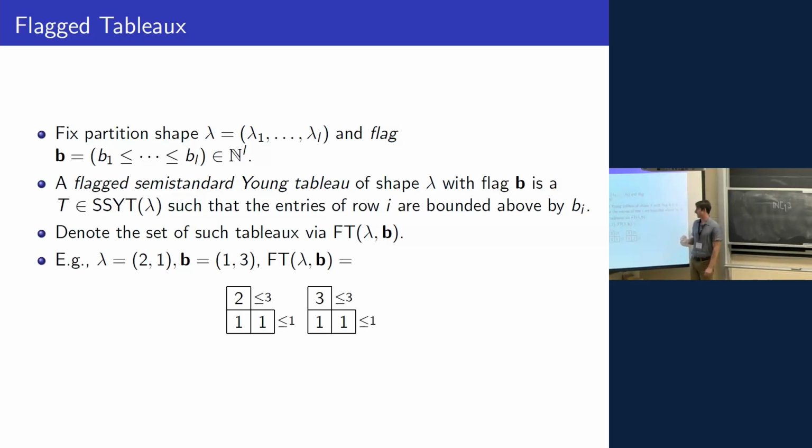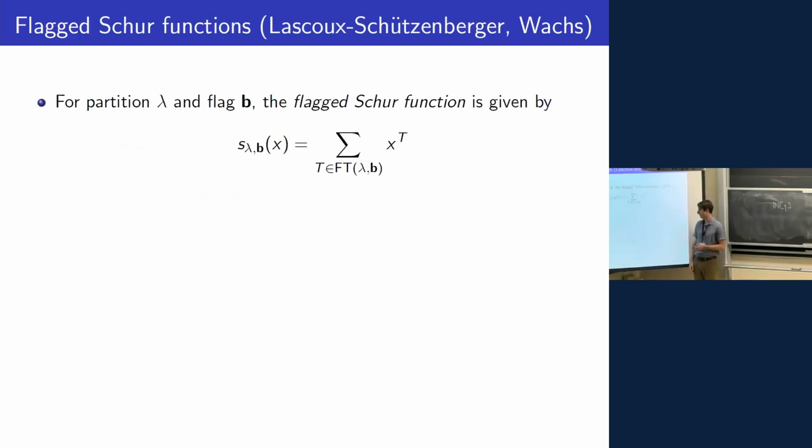So I want to take all semi-standard Young tableaux where the first row is bounded by 1 and the second row is bounded by 3. If I take the collection of all such things, there's only 2 of them. So typically, bounding things significantly cuts down the number of semi-standard Young tableaux.